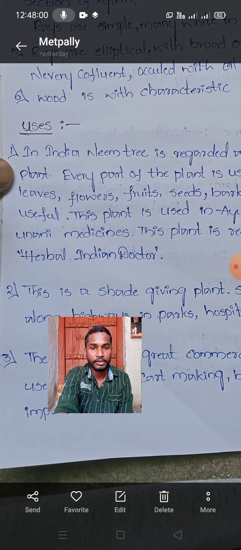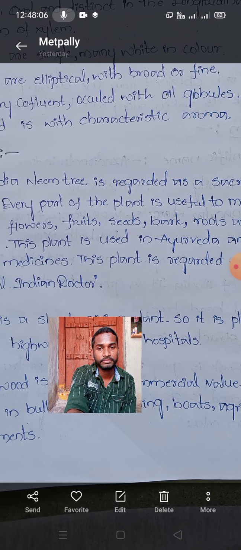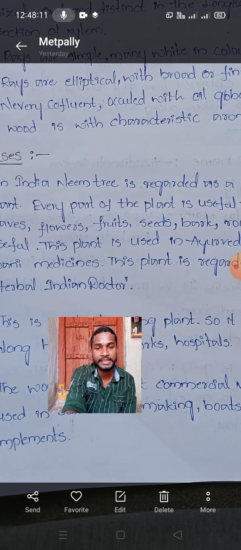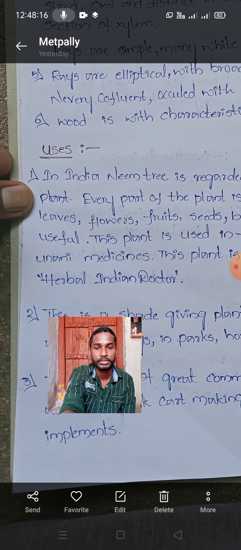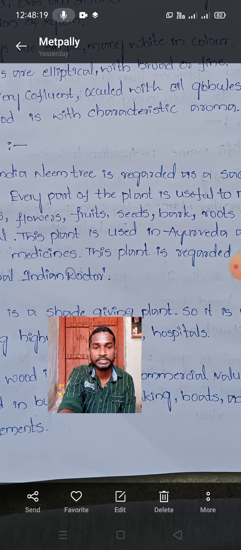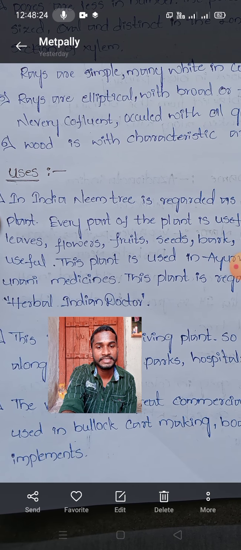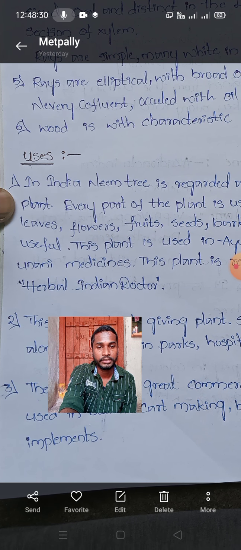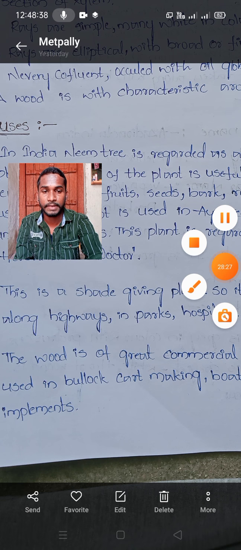Every part of the plant is useful to man: the leaves, flowers, fruits, seeds, bark, and roots. Ayurvedic and Unani medicines use this plant. It is regarded as a herbal Indian doctor.